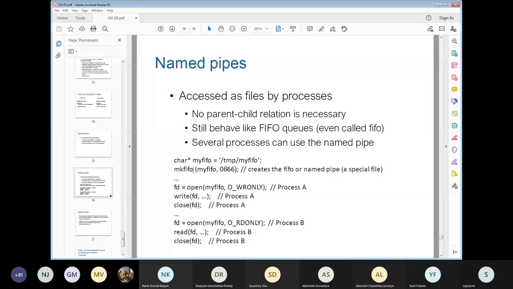Then process A, the producer, opens the pipe in write-only mode, so A only wants to write to it. Then it can write and close the pipe. Process B is a consumer, so it opens the same pipe in read-only mode. It reads from the pipe, and when it is done, it can close.